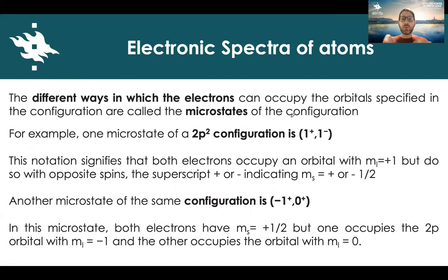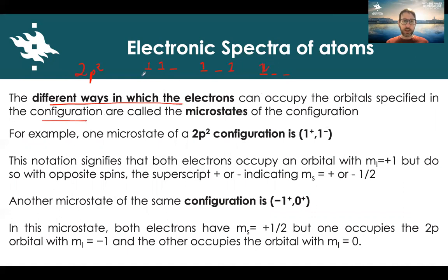One important thing to understand is that these are different ways by which the electrons can occupy orbitals specified in a specific configuration, such as the 2p2 that we discussed. So let's draw various ways here, for example. It can be like this, like this, like this.